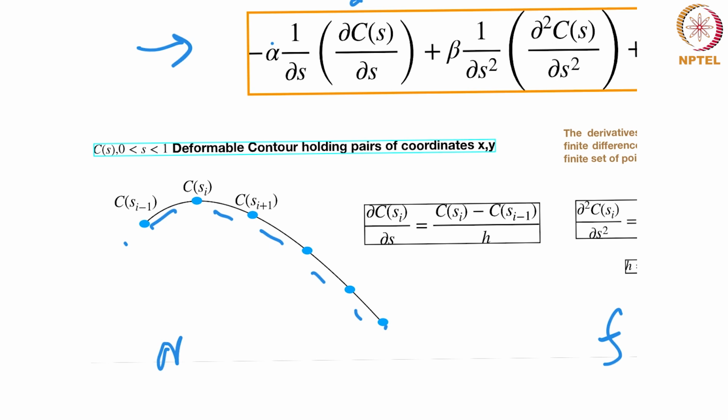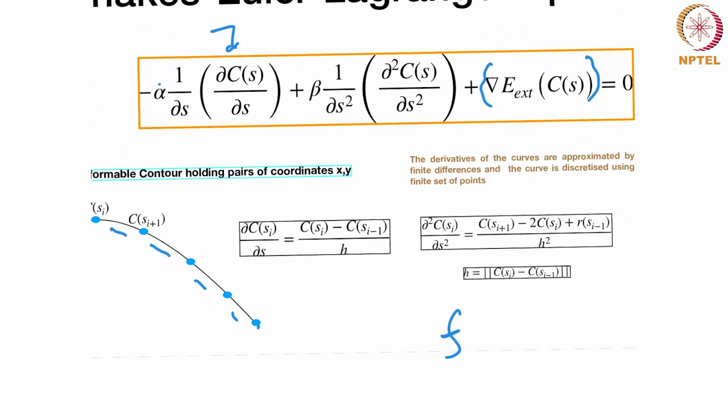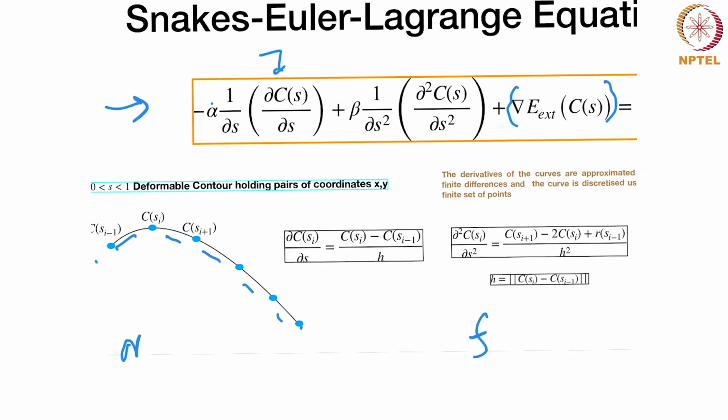So delta c over delta s at si is nothing but c of si, which means xi comma yi at that point, minus c of si minus 1, divided by h, where h is the distance between these 2 points that you have discretized. Okay. So that's the first derivative. Similarly, you can write down the second derivative also.